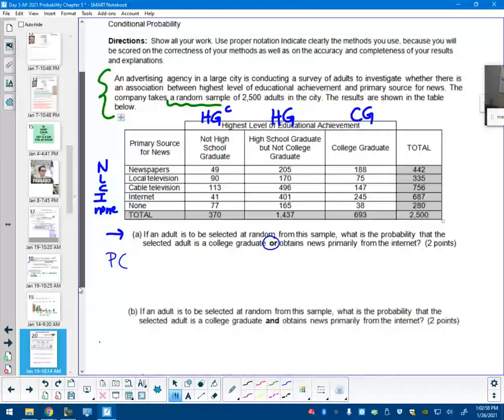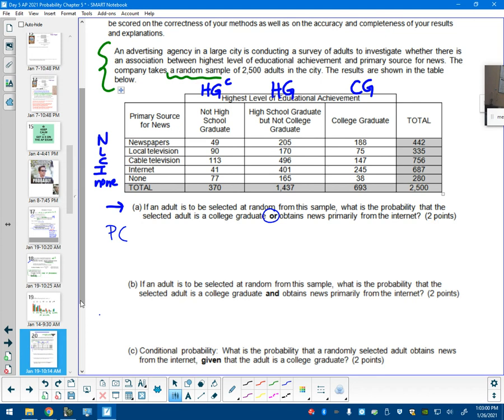All right. Probability of. Okay, you get the P and then the parentheses, yep. College, so CG, yep, and then a line. And what's the symbol for or?